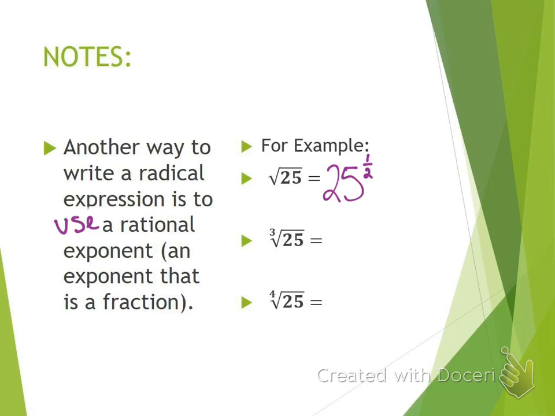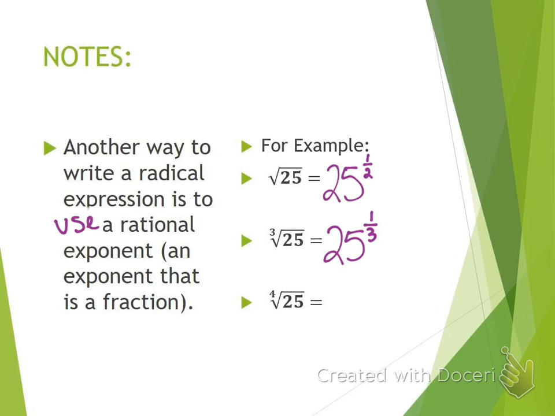Okay, on the next one, we are taking what kind of root? We got a cube root. So this would be 25 to the 1 over 3. Notice that pattern. Our index is going in the denominator of the fraction.